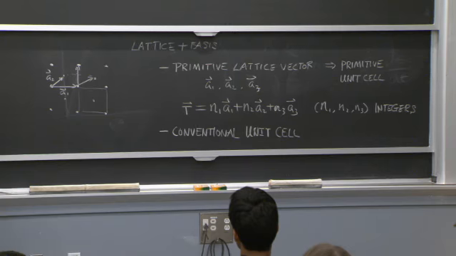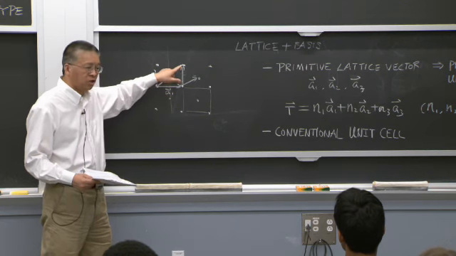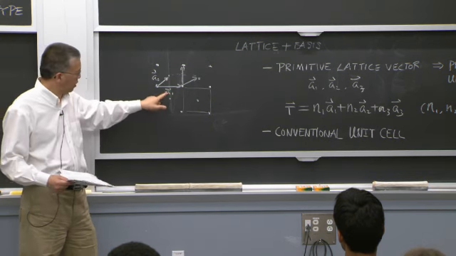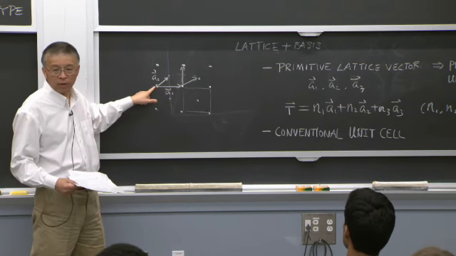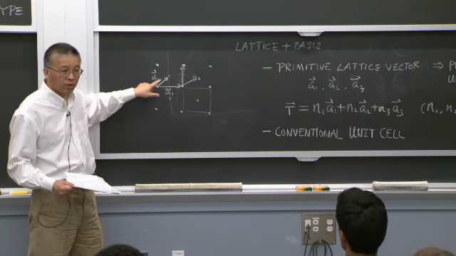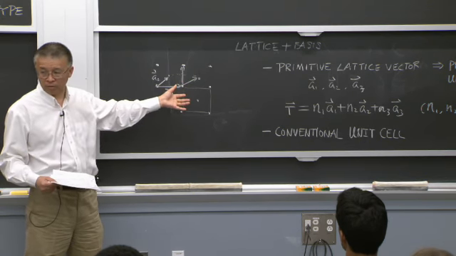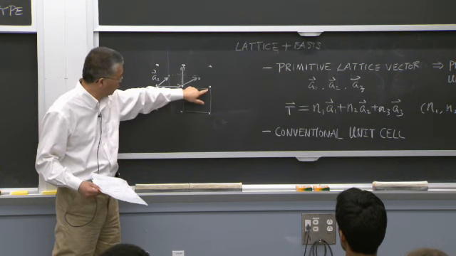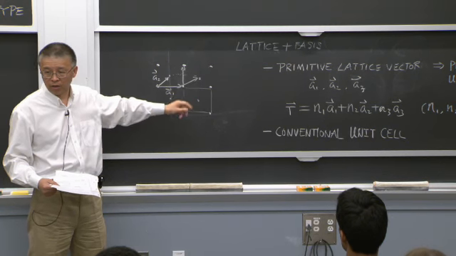Now, the difference between a primitive unit cell and a conventional unit cell: a primitive unit cell has only one lattice point, equivalently. Although this primitive unit cell has 4 lattice points, each lattice point is shared by 4 unit cells, so each is 1/4. You add up, it's 1 lattice point in 1 primitive unit cell. But if I take this conventional one, in my current drawing there are 2 lattice points in 1 conventional unit cell.